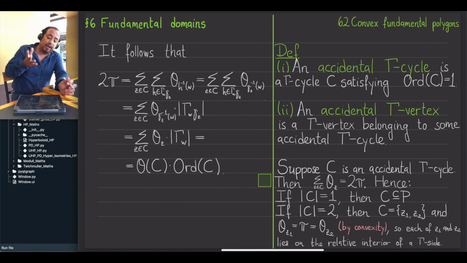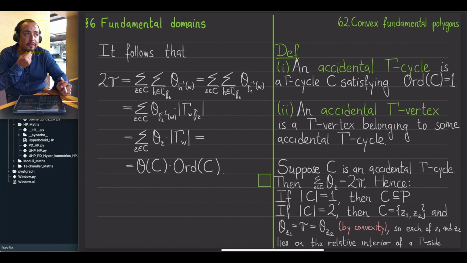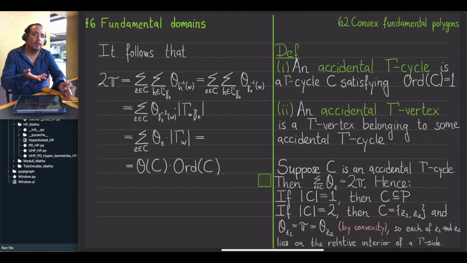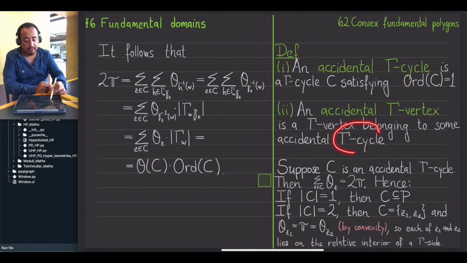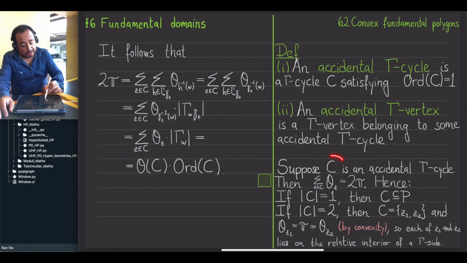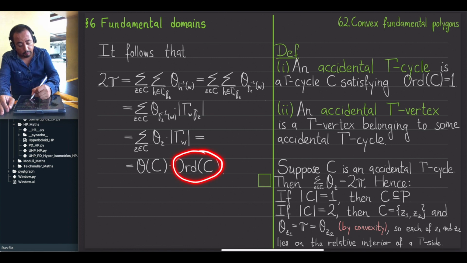Right? So every point in P bar determines a unique gamma cycle, namely the intersection of its gamma orbit with P bar. So if that gamma cycle is accidental, then we call it an accidental gamma vertex, or if you will, a gamma vertex with trivial stabilizer. Okay, so suppose C is an accidental gamma cycle, so that this number is 1.